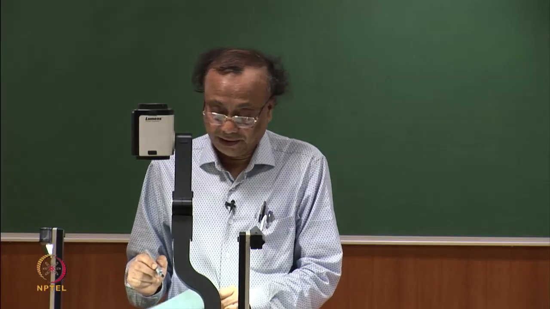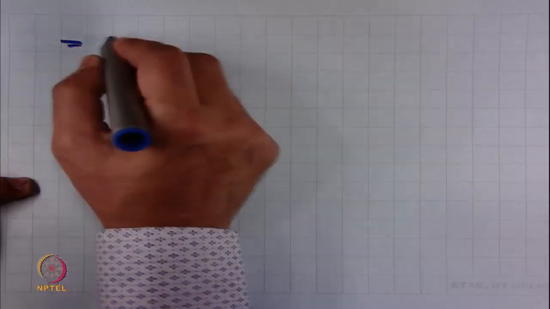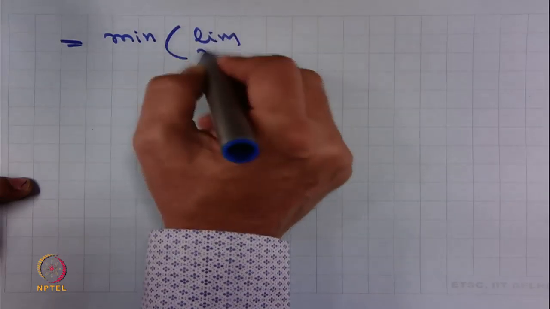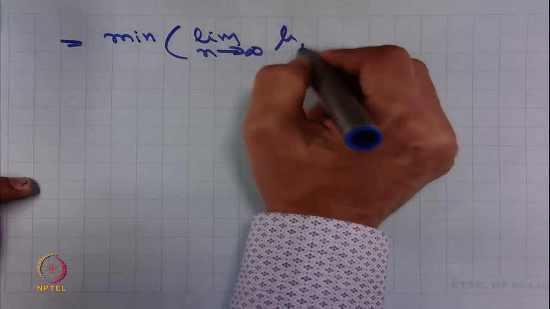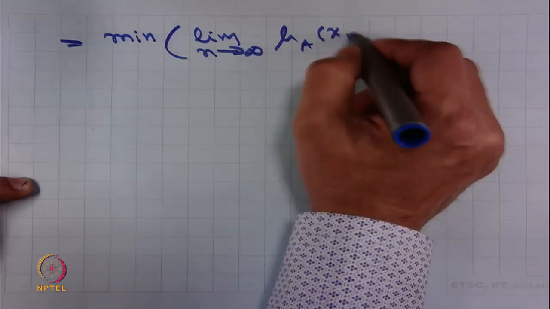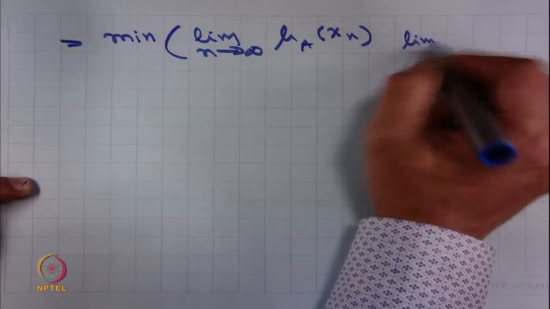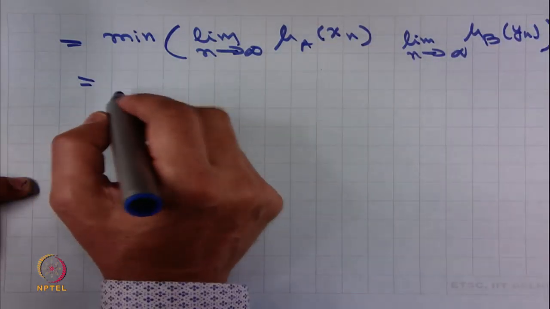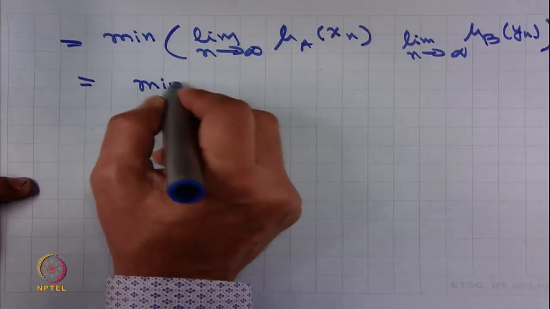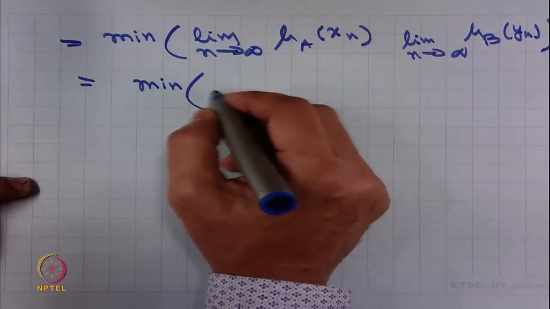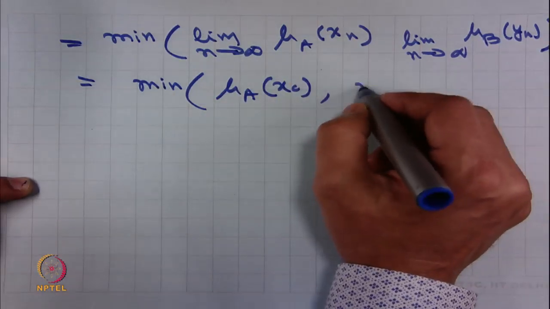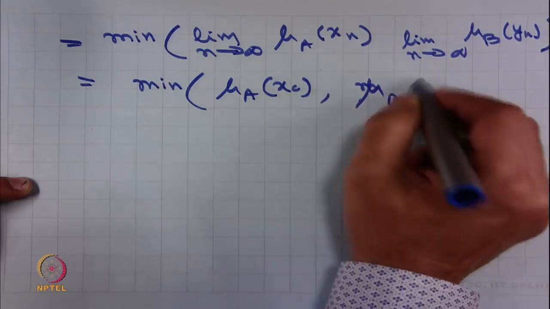The supremum has to be greater than this, which is equal to minimum of limit n going to infinity mu A of xn and limit n going to infinity mu B of yn, which is equal to minimum of mu A of x naught comma mu B of y naught.